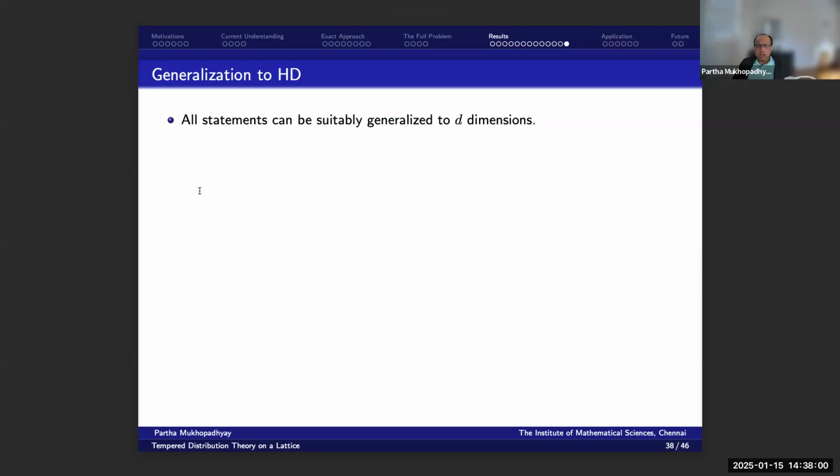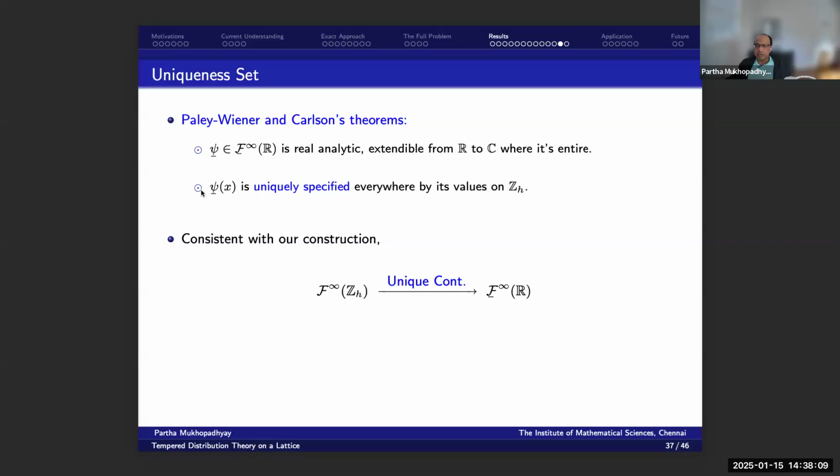Now, this construction can be generalized to higher dimension. All these statements generalize to higher dimension. One thing I should mention here: when you say that your continuum function is fully determined by its values on the lattice, this lattice is not unique. You could give a translation to the lattice, so the uniqueness set itself is not unique.